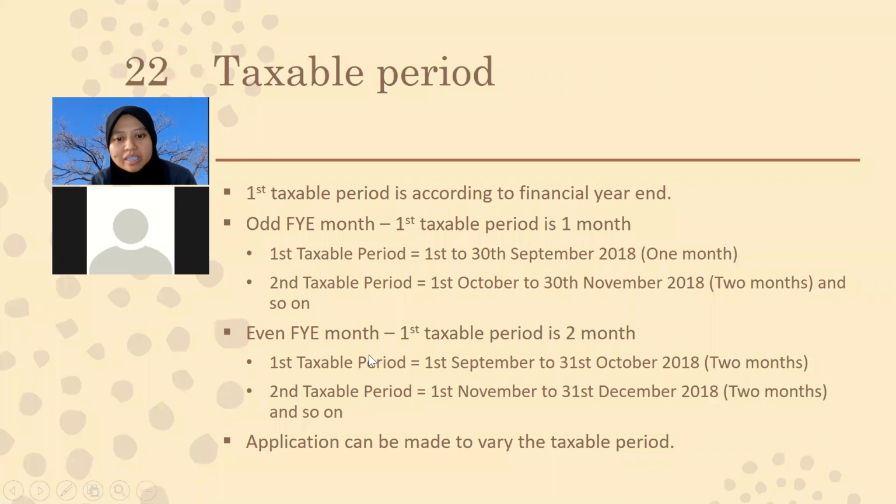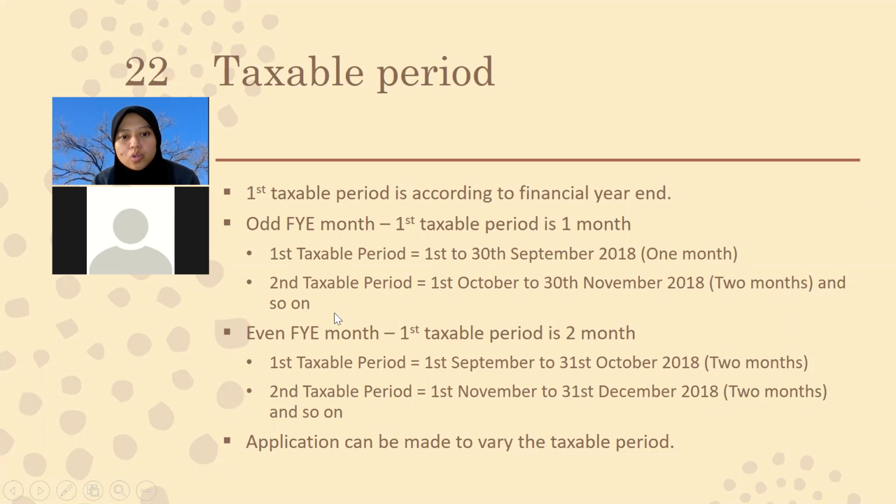Example here, first taxable period, because sales tax and service tax comes into operation on 1st September 2018. So these are for companies that have been registered since the beginning.